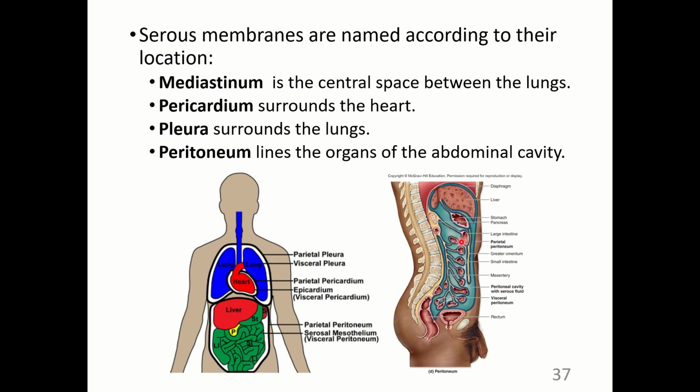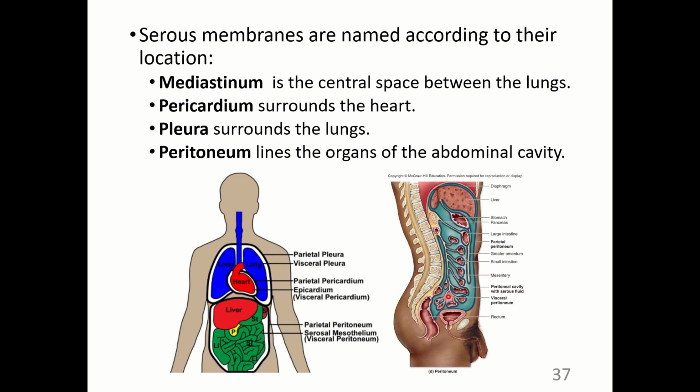Here you can see the peritoneum surrounding the different digestive organs of the abdominal cavity, and even around the liver, stomach, pancreas, small intestine, and large intestine.